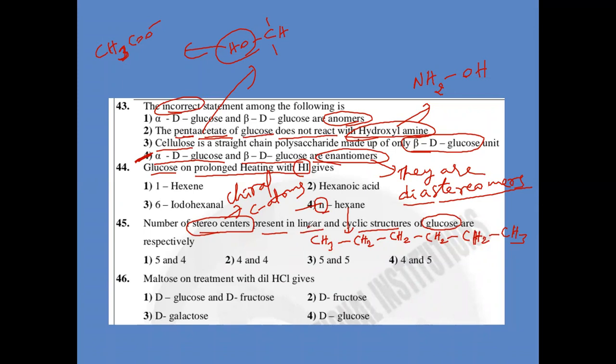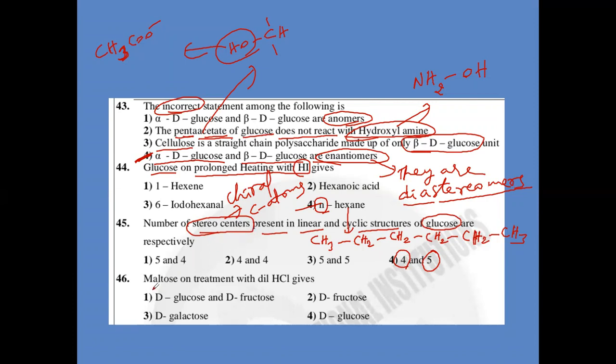In the linear structure, there are 4 chiral carbons. In the alpha form and beta form, there will be 5 chiral carbons each. In the open chain of glucose, there will be 4 chiral carbons. Check the classwork, the beta form, alpha form, and open chain structure of glucose. If you observe, you'll understand the number of chiral centers or stereo centers.